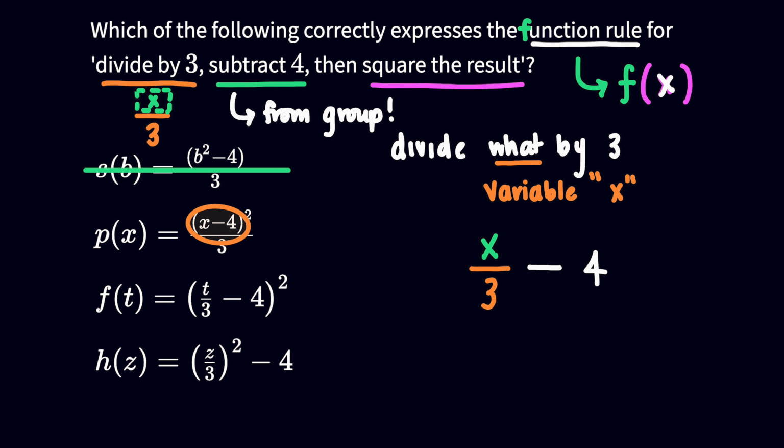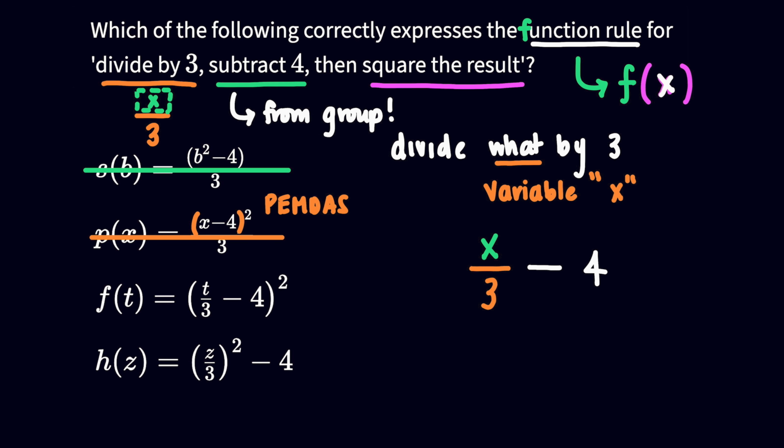Usually parentheses means that we have to do that first. Using your PEMDAS, x minus 4 would be done first, but that's not what we want. We want it to divide first. So this one goes bye-bye as well.